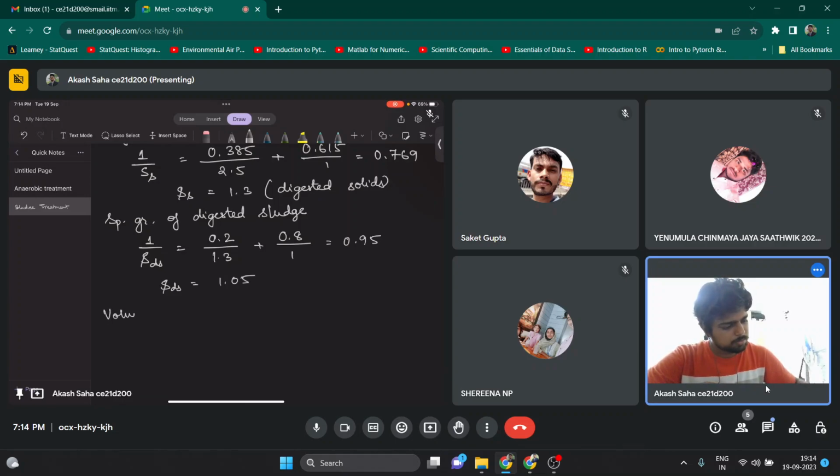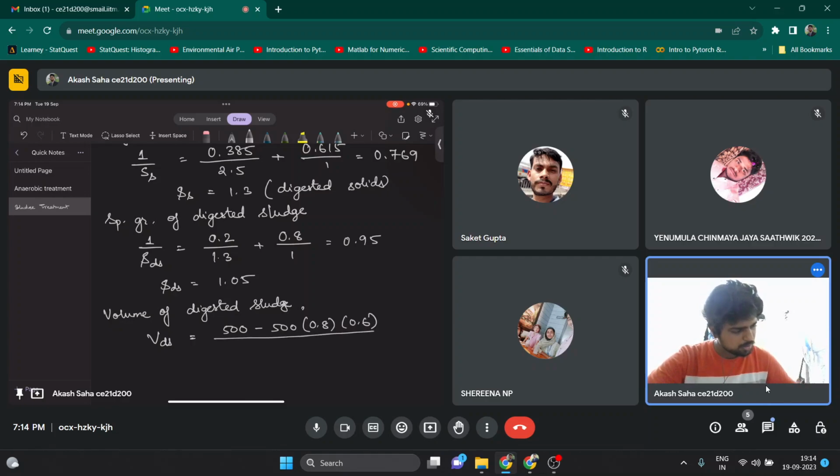My volume of digested sludge, VDS, will be as follows. Out of the total some part will get digested, so the volume will reduce. So 500 minus 500 into 0.8 into 0.6. Why 0.8?